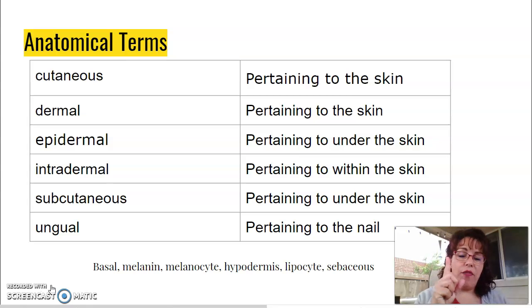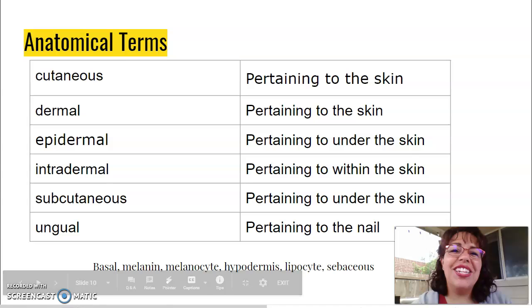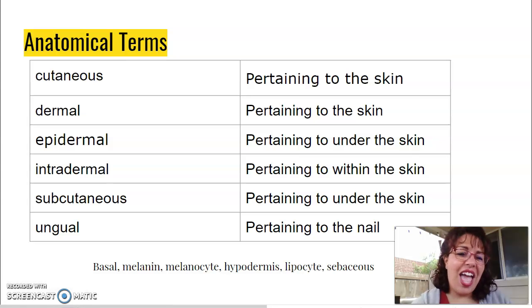Epi, above. Oh, there's a typo. I will fix that, but not in this lecture. I will fix it on the actual slides. Epi is above. I was cutting and pasting and I obviously didn't pay close enough attention. And derm, skin. So epidermal is pertaining to above the skin.